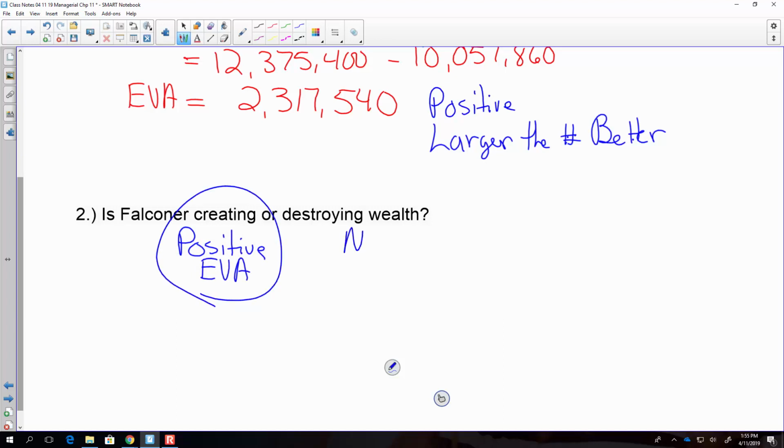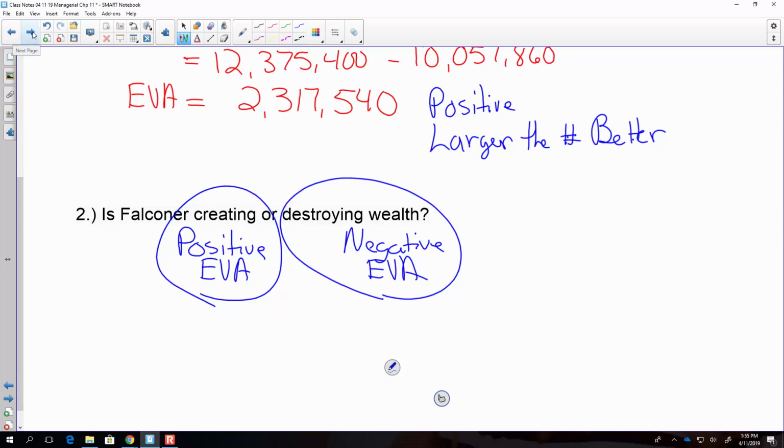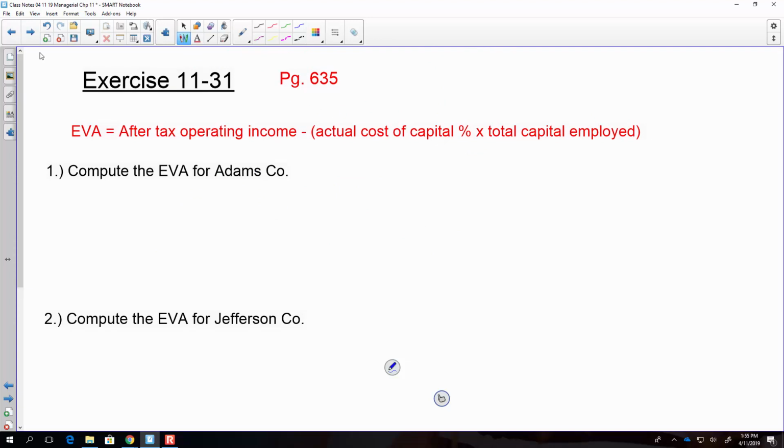If we have a negative EVA, we didn't make enough to cover the cost of financing from the profits of the organization, so we are destroying wealth. You'll need to know that for some of those simple multiple choice questions regarding EVA.